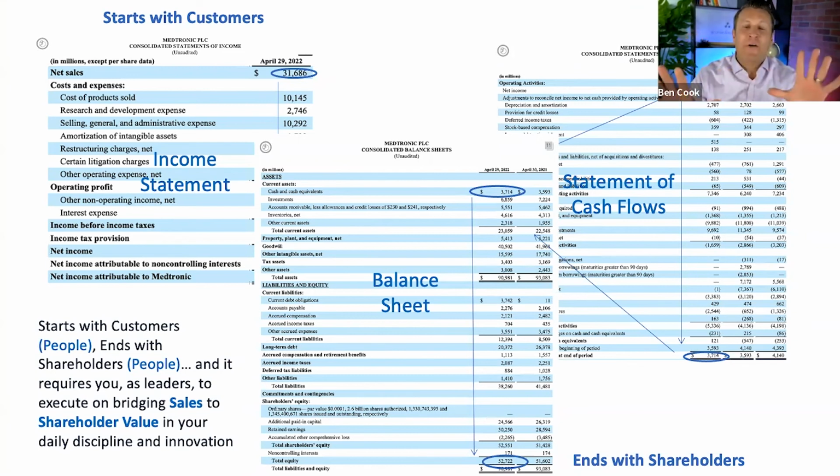So these are three financial statements in one slide, a corporate finance class in one slide, between P&L, statement of cash flows, and balance sheet, to drive value from customers to shareholders. And there you go. Quick view of all three financial statements on one slide.